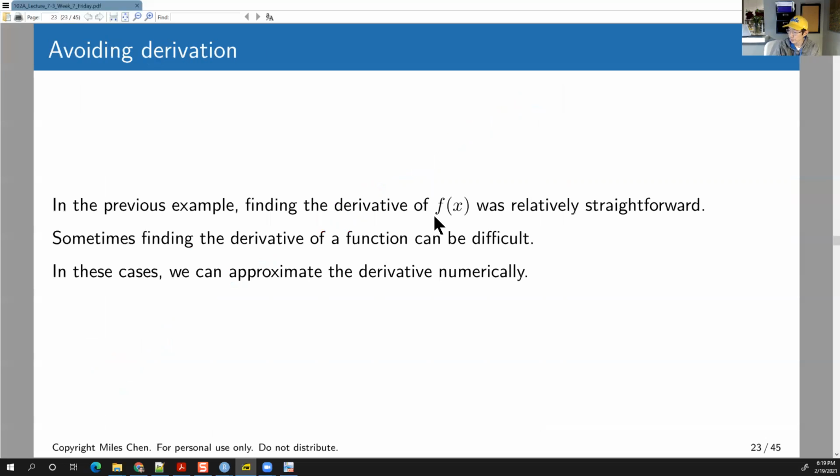What we'll take a look at here is approximating the derivative numerically. If for whatever reason we had a hard time finding the derivative analytically, we can approximate it numerically.